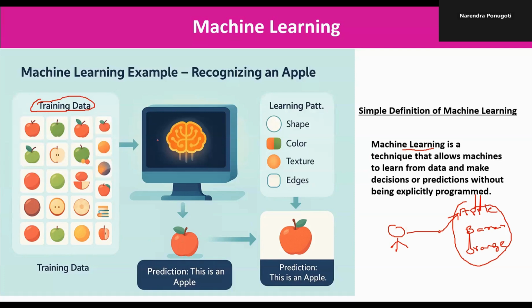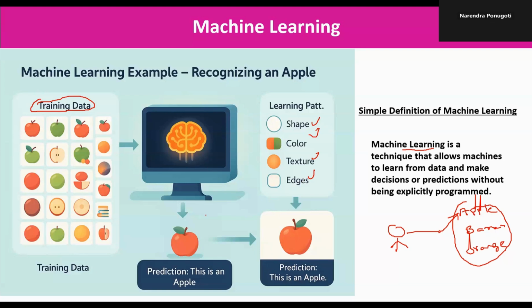Then the machine looks at all these examples and finds the patterns like shape, color, texture, outline, edges, everything. After you train it, if you show the machine any new image, it can say whether this is an apple or not.